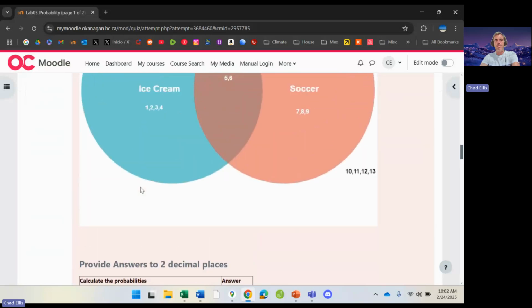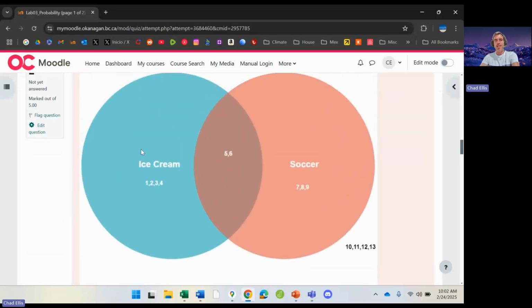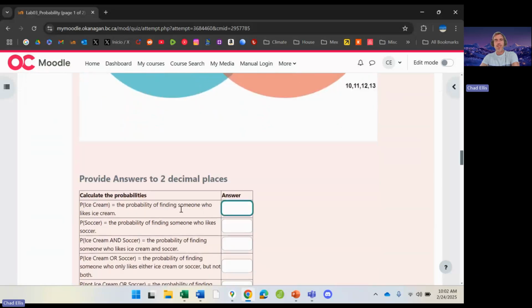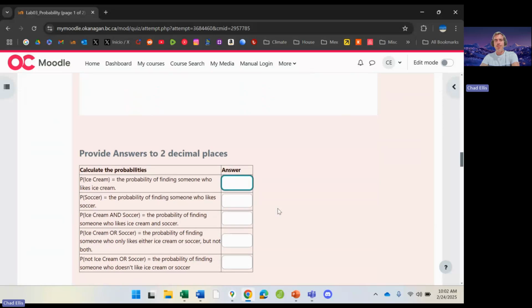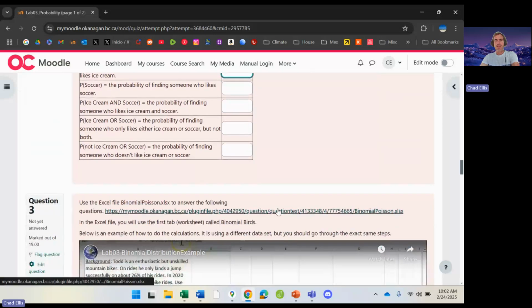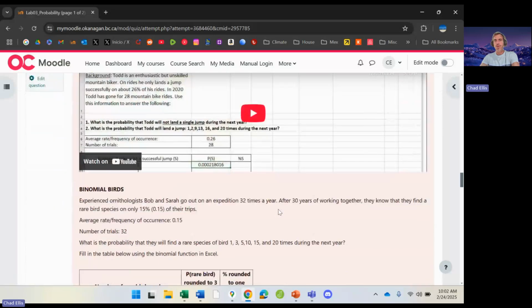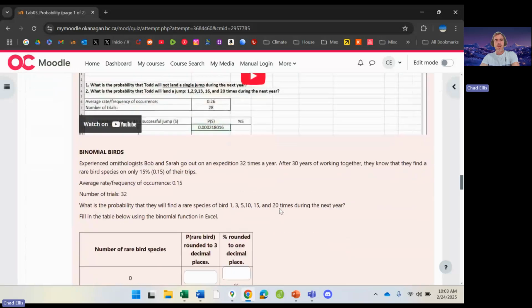I'll give this one away. For the probability of somebody liking ice cream, we have 13 people total, and 4 people that just like ice cream, so our probability is 4 divided by 13. That's how you're going to be determining those basic probabilities for question 1 and 2.